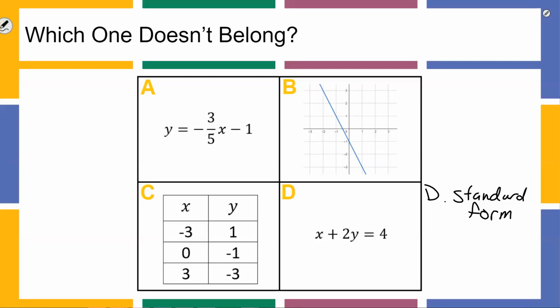All of these could not belong for a different reason. There are obvious reasons, and there are some we have to manipulate or solve for. What's an obvious reason A would not belong? Okay, just by looking at it, it's the only one with a fraction.